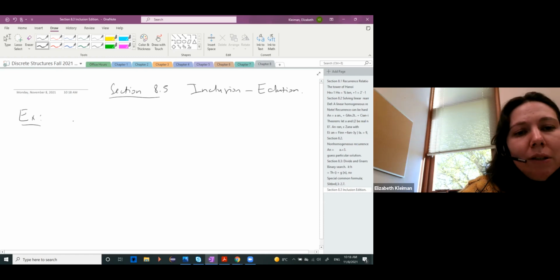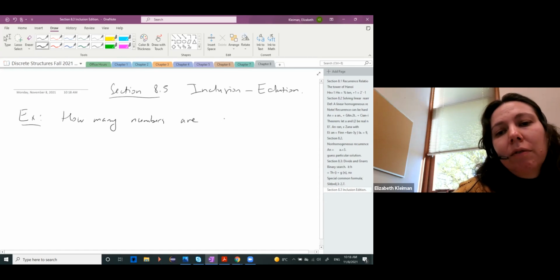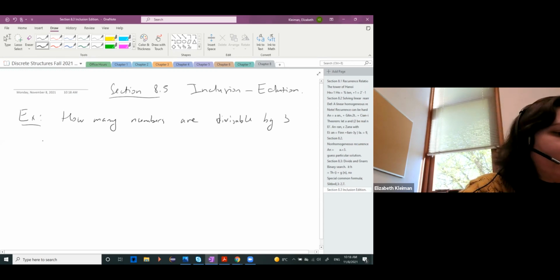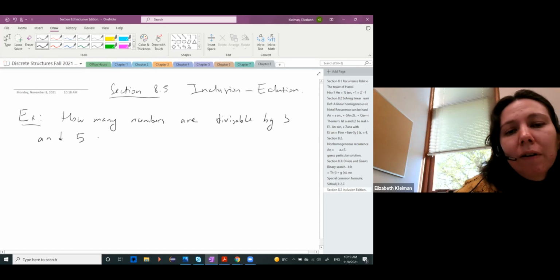How many numbers from 1 to 20 are divisible by 3 and 5?